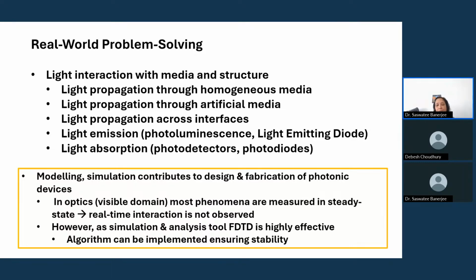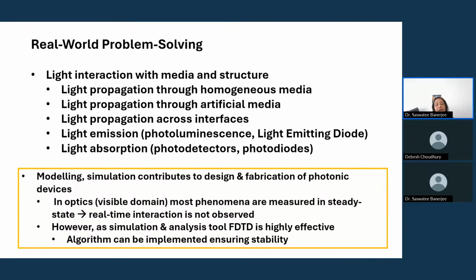However, FDTD, the finite difference time domain that Professor Cole was discussing, has become a highly effective method to deal with complex structures, because it can be implemented in a stable fashion. And as I was saying, the electromagnetic boundary conditions become complex.